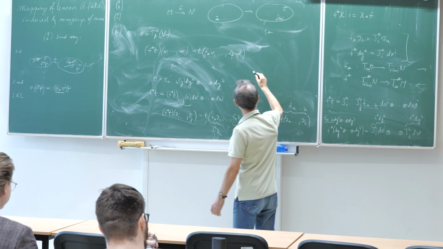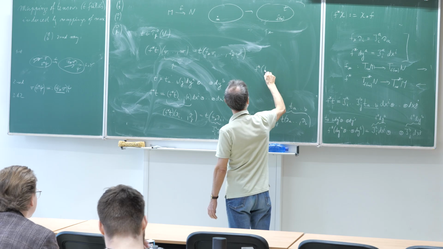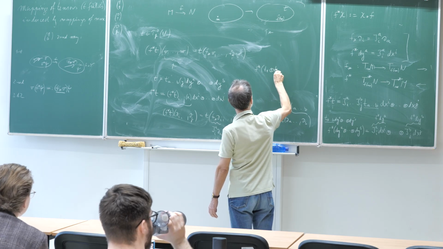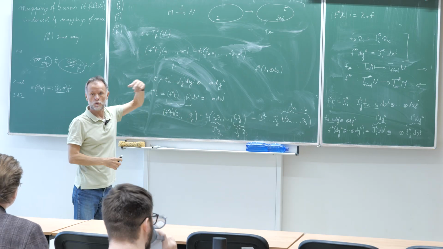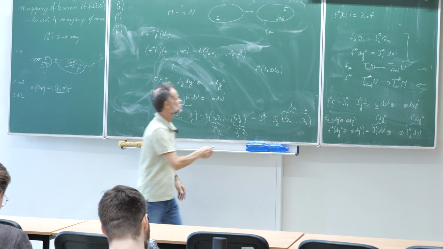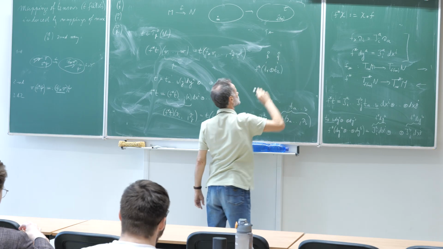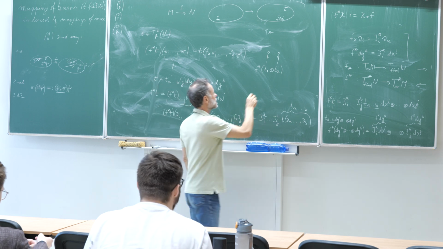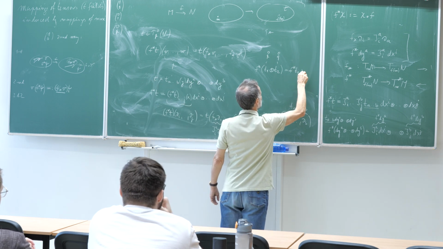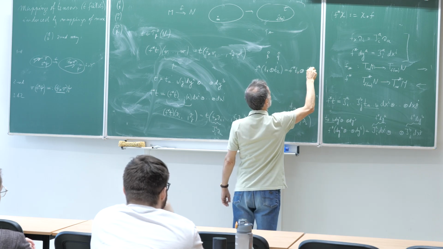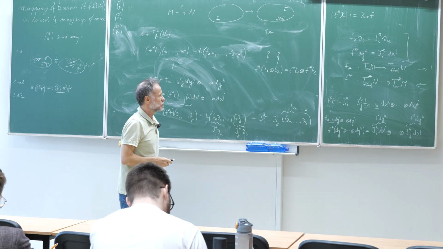And it shows that if you act by pullback on a tensor product of (0,p) and (0,q) tensors, then the result is the pullback of the first one multiplied by the pullback of the second one, which is an extremely useful and important fact.